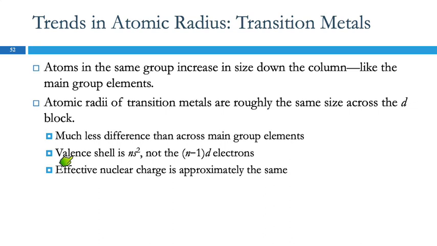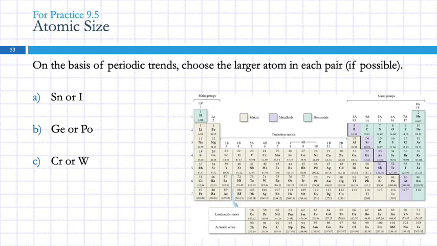And the reason there is that the valence shell is that S sublevel. It's not those d electrons. And so as you're going across, because what you're adding is core electrons, really the effective nuclear charge for all of the transition metals is roughly the same. And so their radii don't change much.